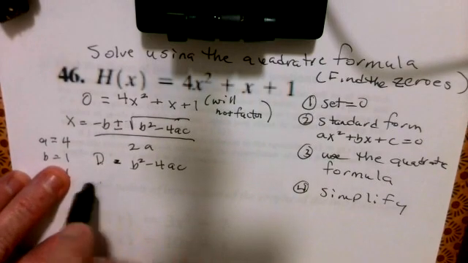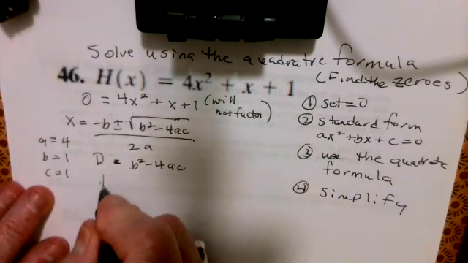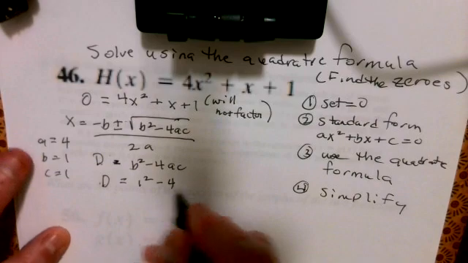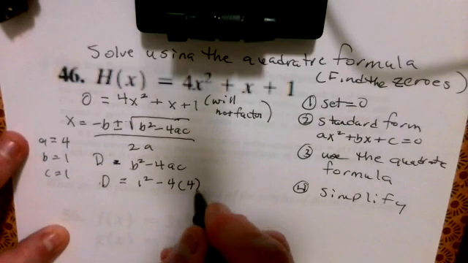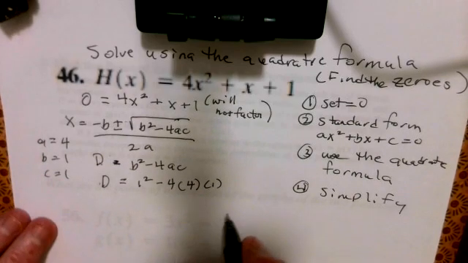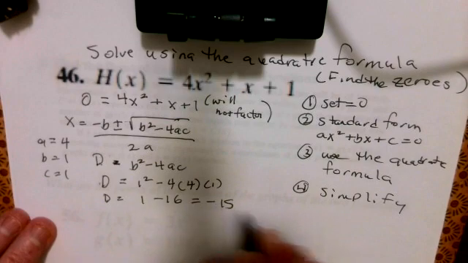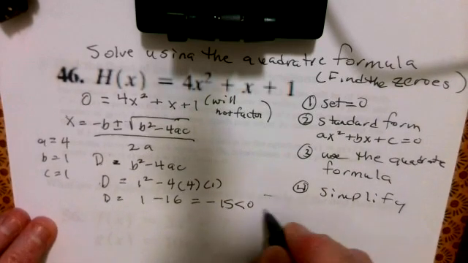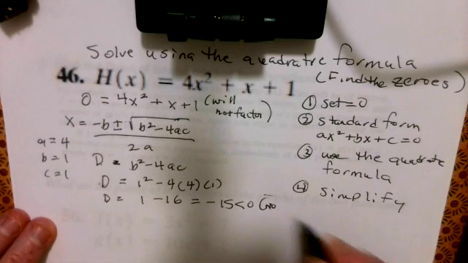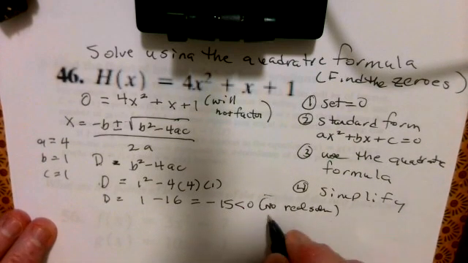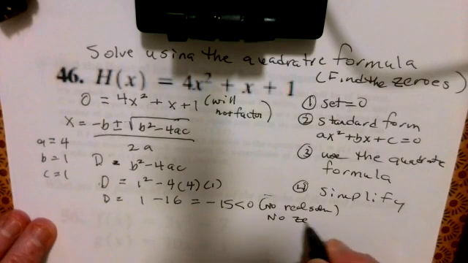D is going to be equal to 1 squared minus 4 times 4 times 1, which is going to give me 1 minus 16, which gives me negative 15, which is less than 0. So I know there are no real solutions, no real zeros, no x-intercepts.